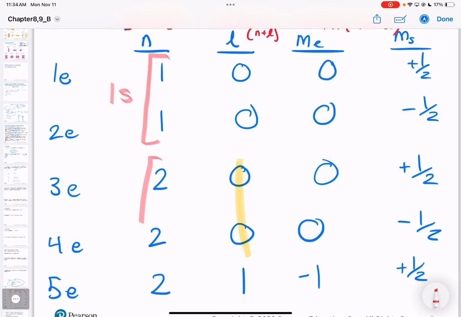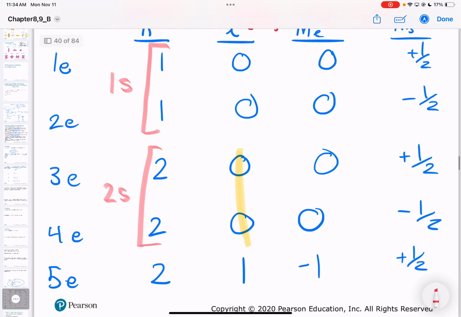And then the next 2, N of 2, L of 0. And then the final one, this subshell could have as many as 6 electrons total, and that would be N of 2, L of 1, or P.